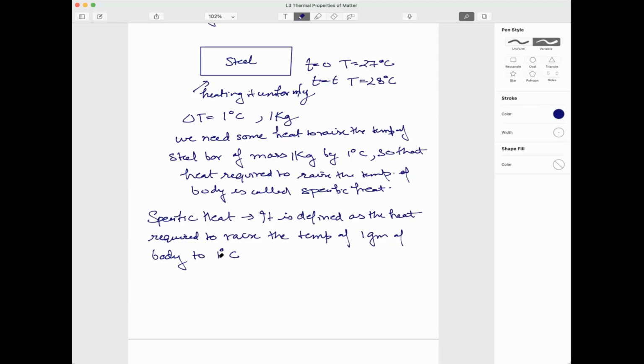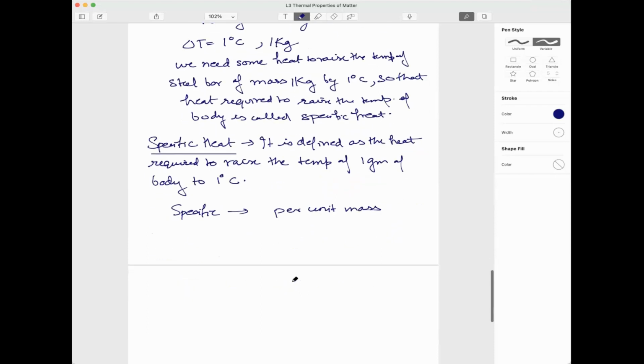Okay, so that is what we call specific heat. Whenever you see the term specific, it means per unit mass. Whatever you see, it's per unit mass only. That's why specific heat is defined for 1 gram of body and 1 degree centigrade.